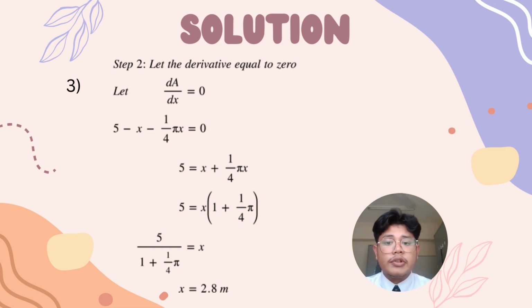For the second step, let the derivative equal 0. So 5 - x - 1/4 πx = 0, 5 = x + 1/4 πx, 5 = x(1 + 1/4 π). Then x = 5/(1 + 1/4 π), and x equals 2.8 meters.